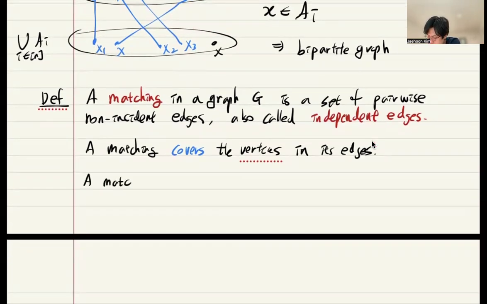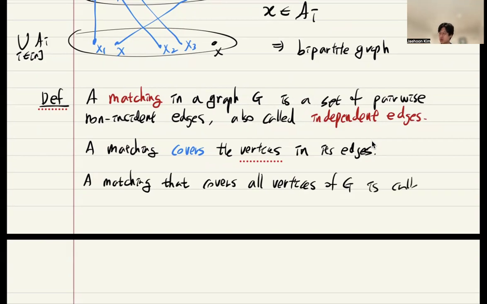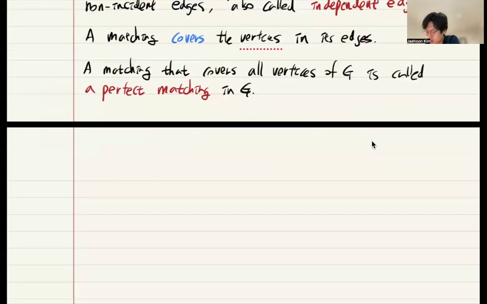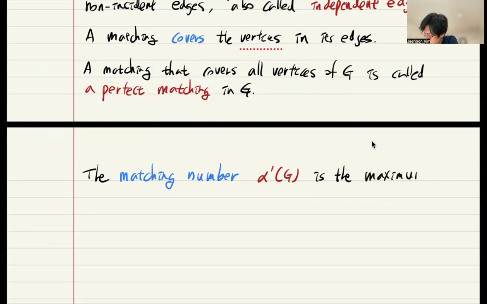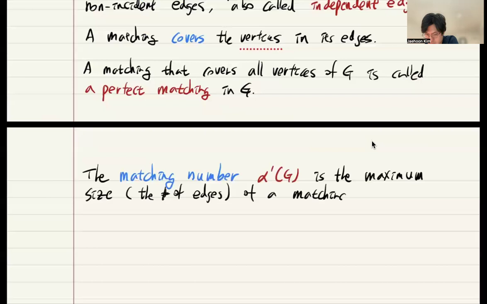And we say that if there is a matching that covers all vertices of G, it is called a perfect matching in G. And we define the matching number, let's write down alpha prime of G, as the maximum size, where size is the number of edges, of a matching in G.